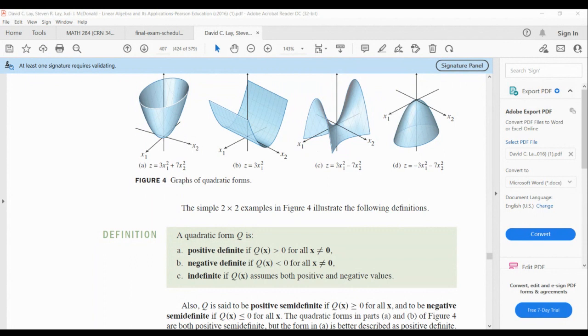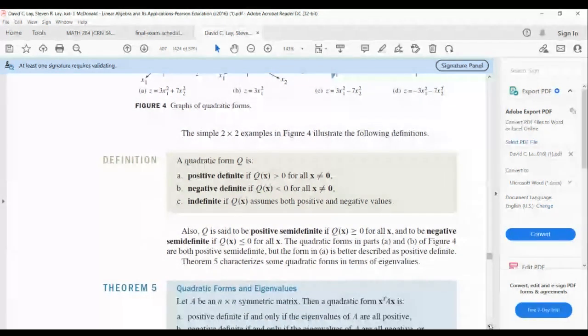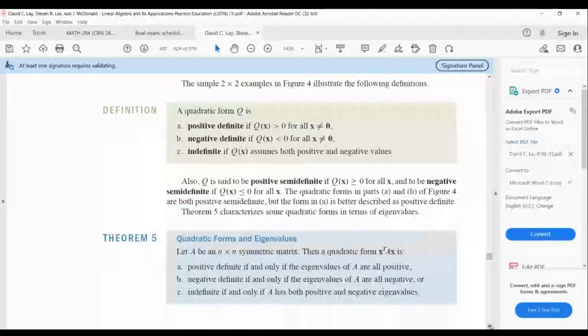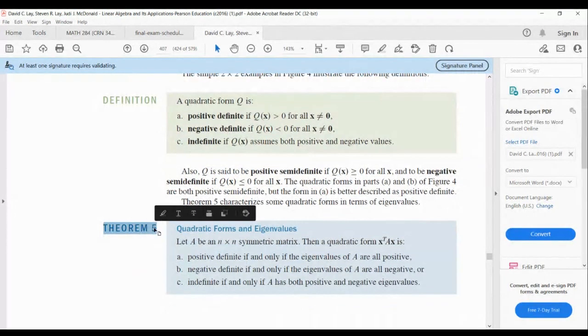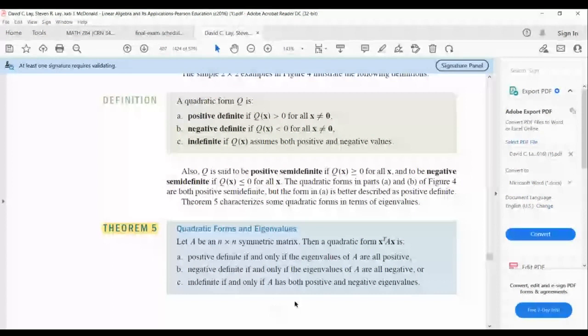And then you even have other classifications, positive semi-definite, negative semi-definite. But what I want to focus on finally is Theorem 5. When is a quadratic form positive definite? When is it negative definite? When is it indefinite? It depends on the eigenvalues, because again, those eigenvalues are the coefficients of the squared variables.